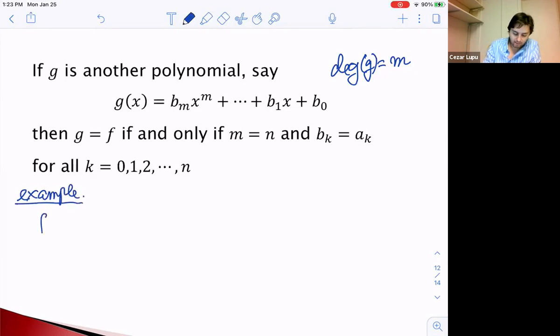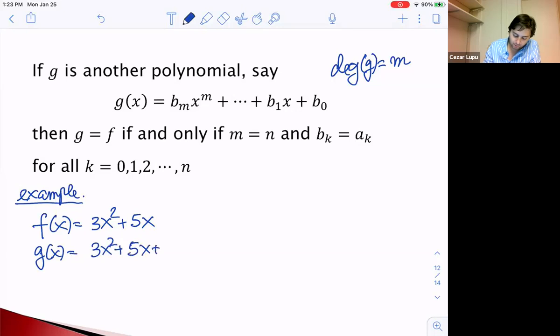There is no way you will tell me otherwise. For example, if I take f to be 3x squared plus 5x, and g to be 3x squared plus 5x plus 1. Well, here it will be plus 0. These are not equal. f is not g.